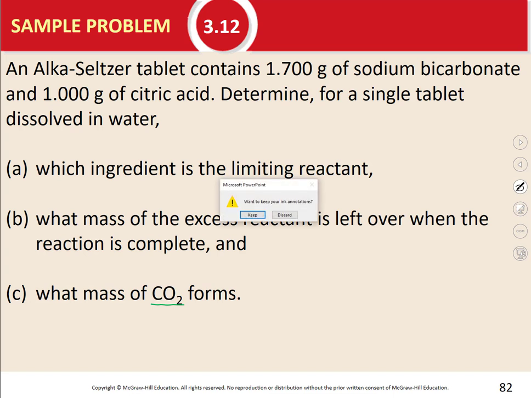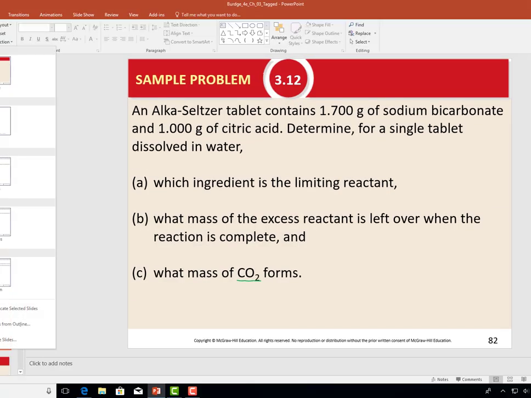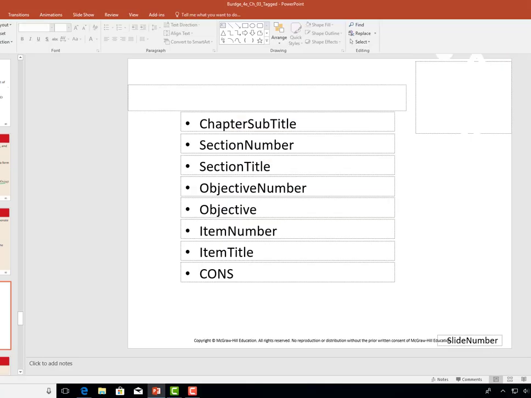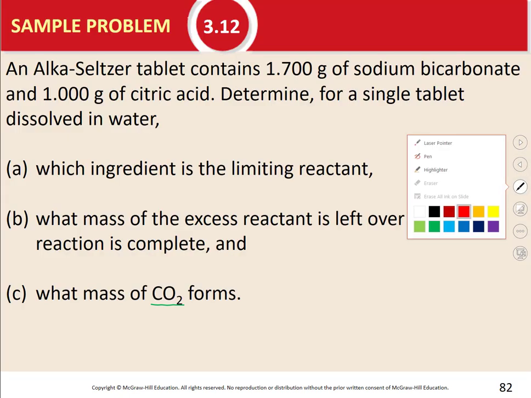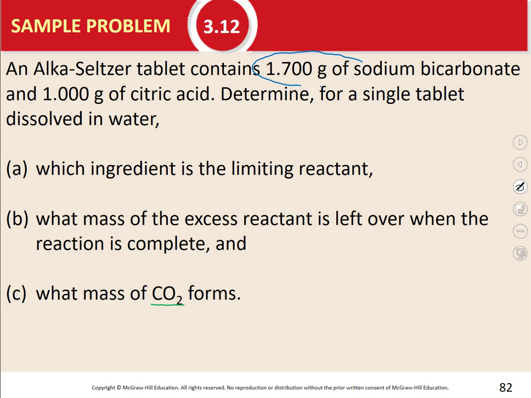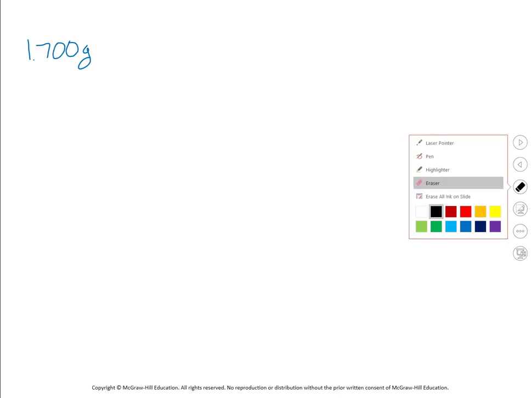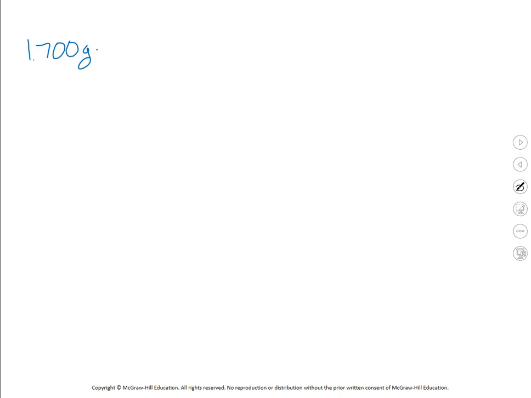So let's get some space. First of all, let's do it for the 1.7 grams of sodium bicarbonate.